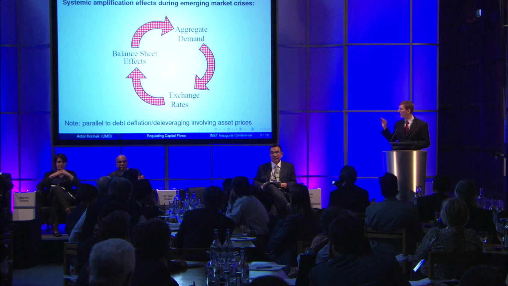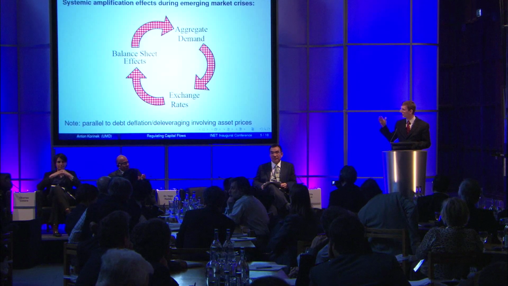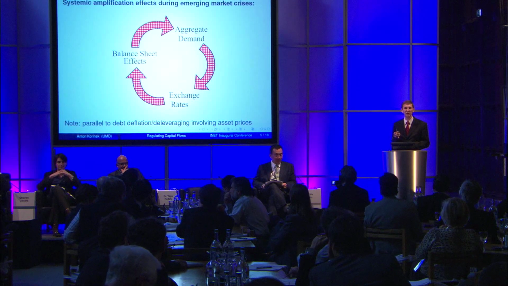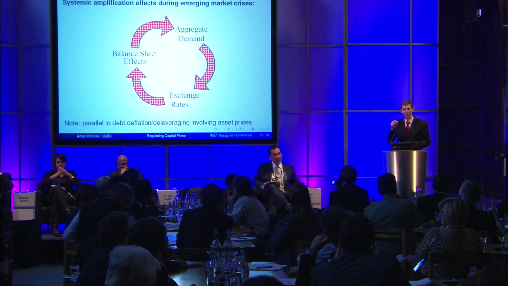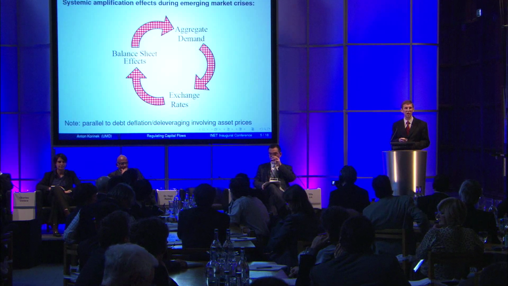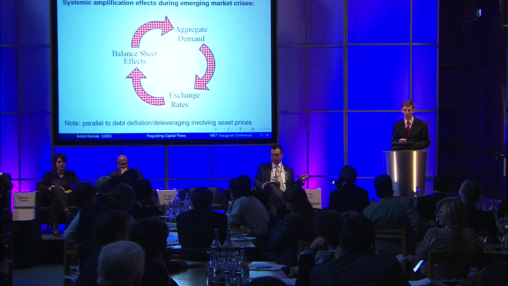Now, it is easy to see the parallel of this form of debt deflation or financial amplification to the forms that we have discussed earlier today playing out in the financial system of, for example, the US or the UK economy.